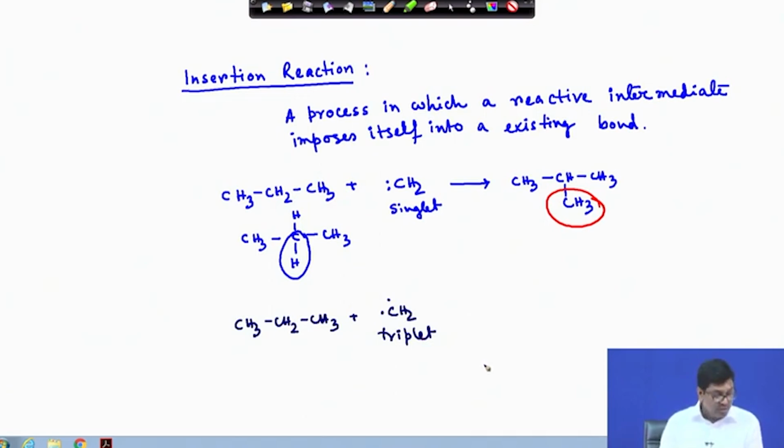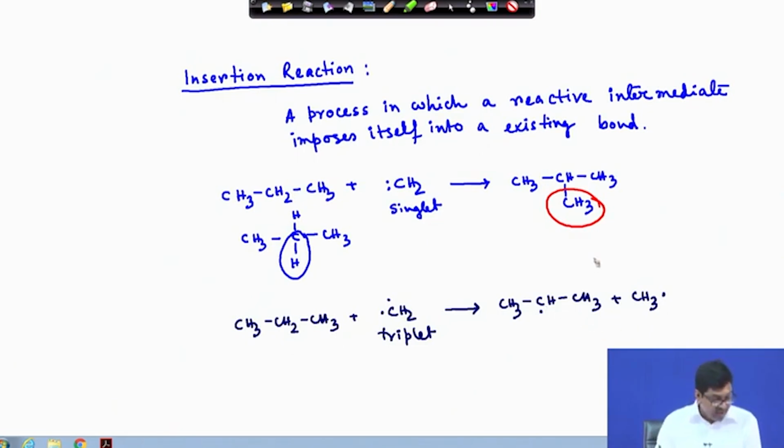After the first step this will give a methyl radical and a radical species, because it picks up one H dot and makes one methyl radical, whereas here it will be CH3 CH dot CH3.